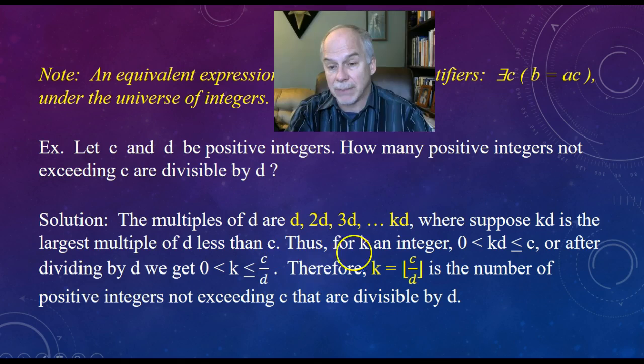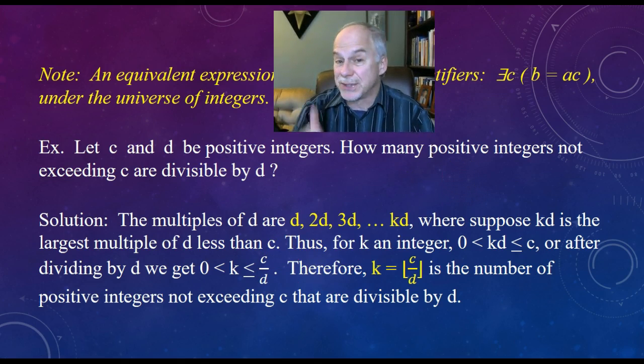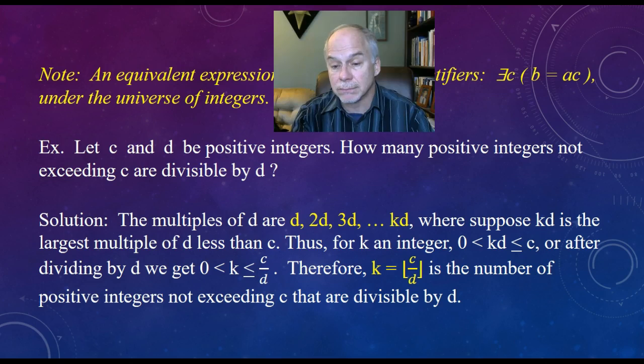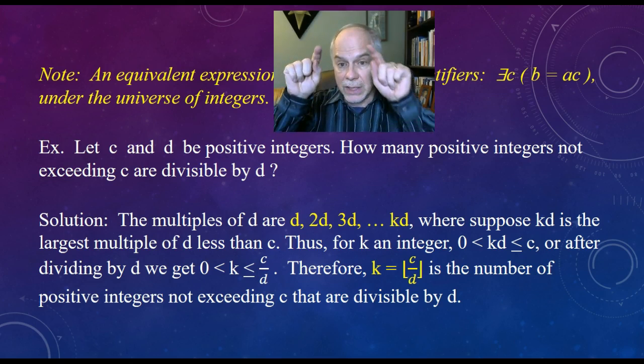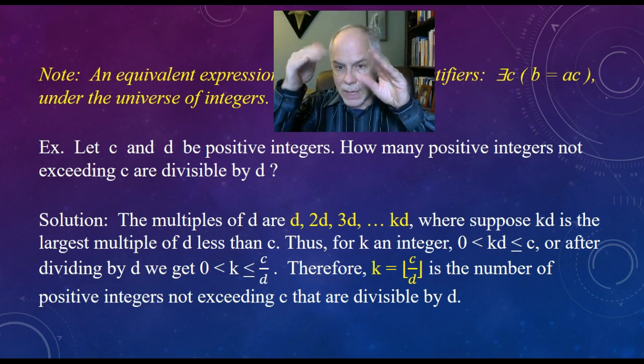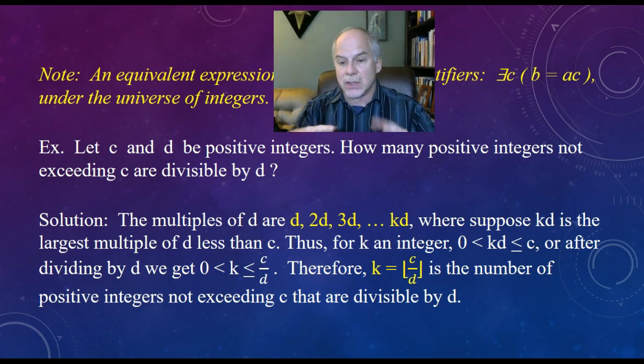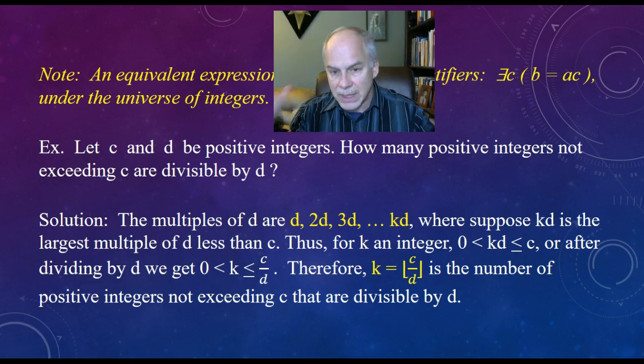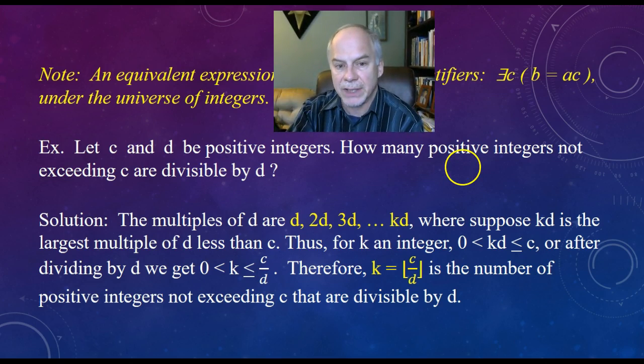So, like for example, how many multiples of 7 are less than 69? Well, you just do the floor function of 69 divided by 7, which is 9. Okay, it's 9 point something, but you round down to 9. So the answer is 9 multiples of 7 that are less than 69.